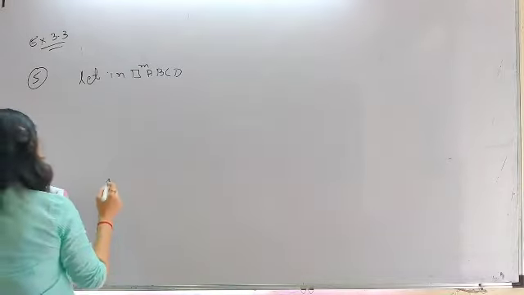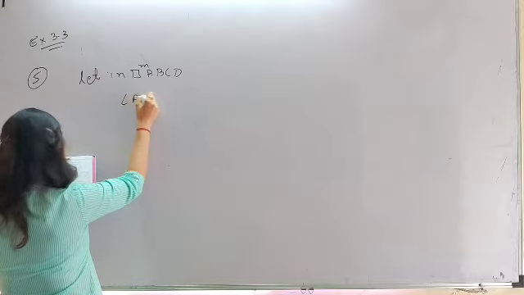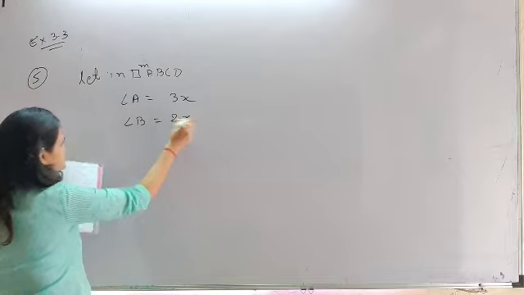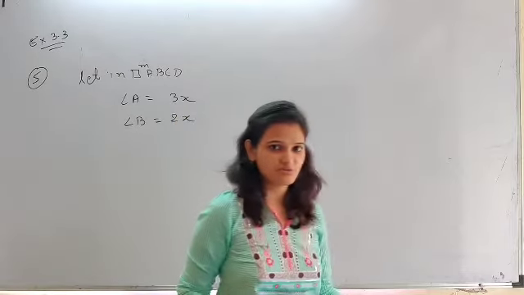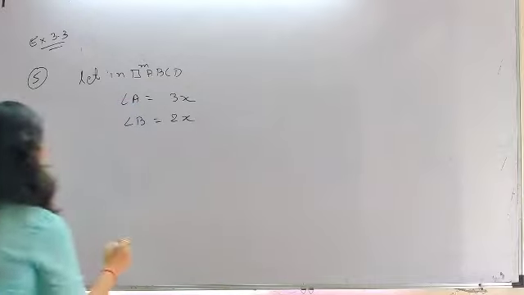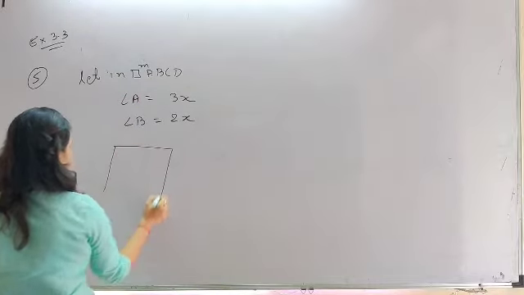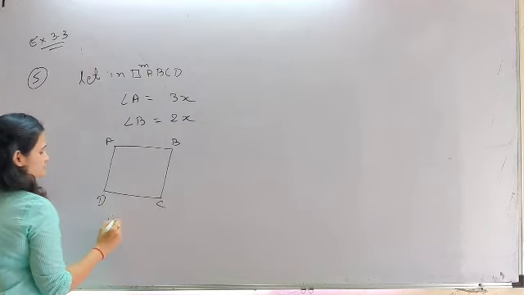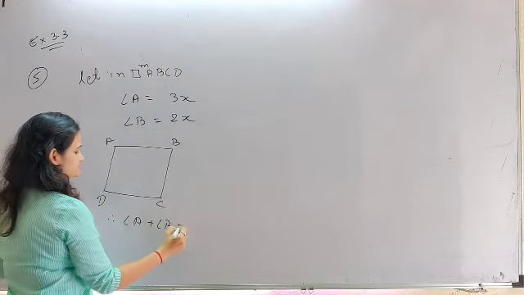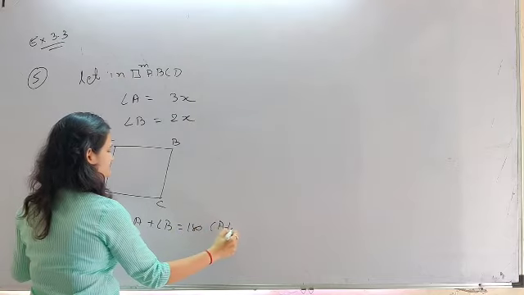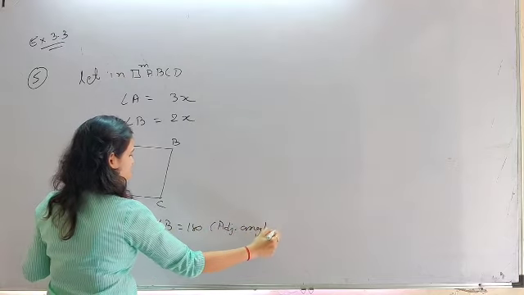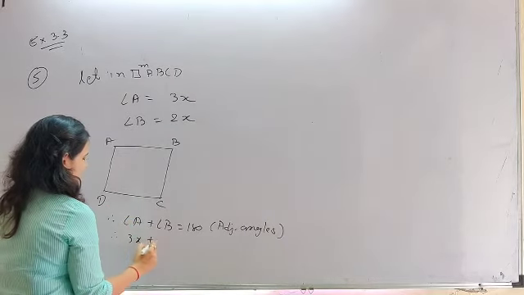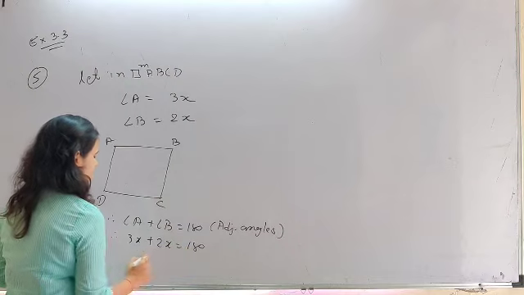So in parallelogram ABCD, angle A is equal to 3x and angle B is equal to 2x, as the ratio of adjacent angles is given, that is 3:2. So if ABCD is a parallelogram, angle A plus angle B is equal to 180. Adjacent angles are supplementary. Angle A is 3x plus angle B is 2x is equal to 180.